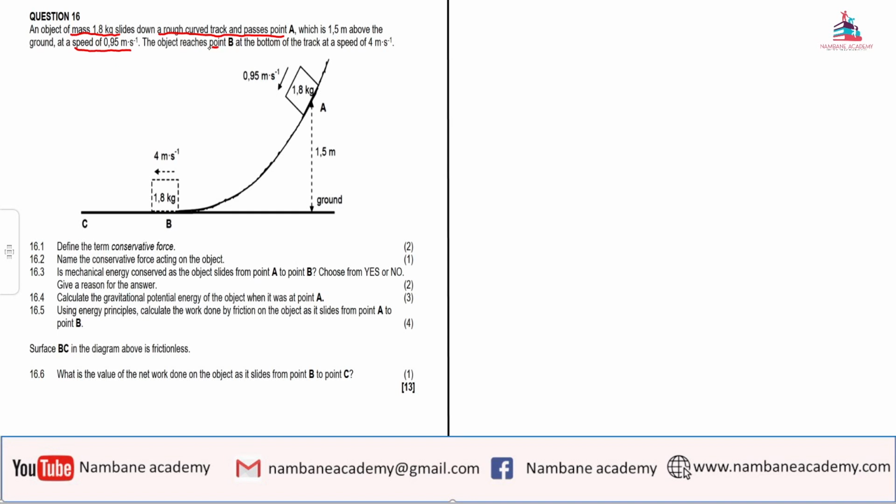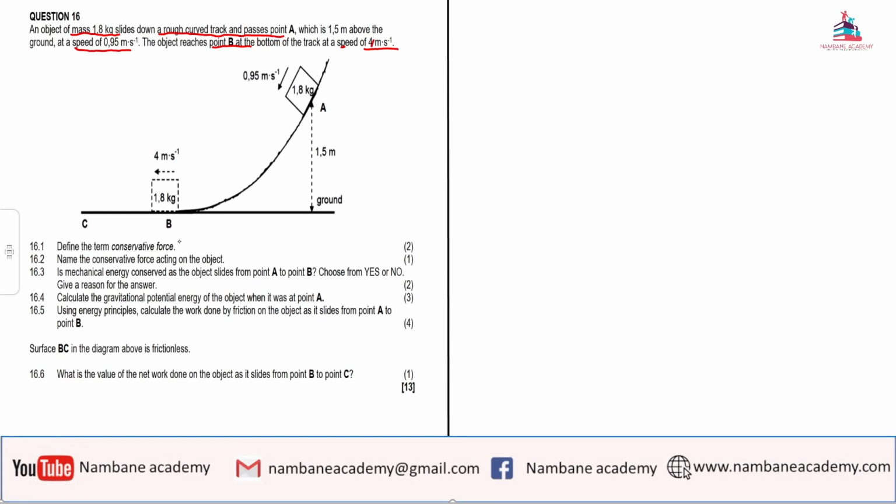The object reaches point B at the bottom of the track with a speed of 4 meters per second, and the diagram illustrates exactly that. The mere fact that I am told there is a rough surface automatically says there is a frictional force. Clear. Those are keywords that I need to look for. The other words are just data, which is the mass, speed, and height at A. So we are going to need that information.